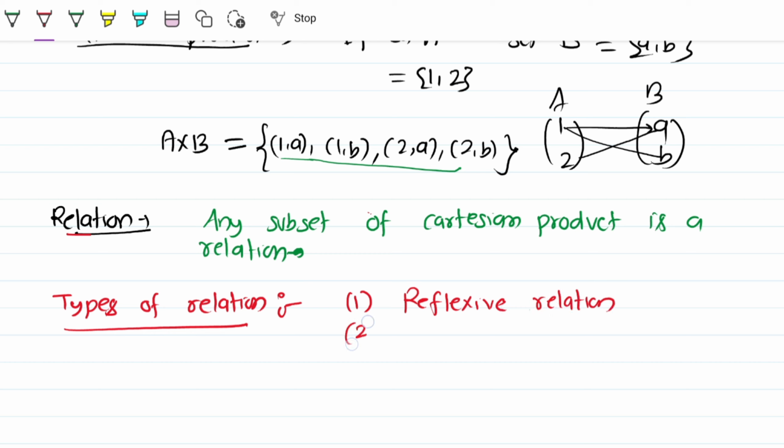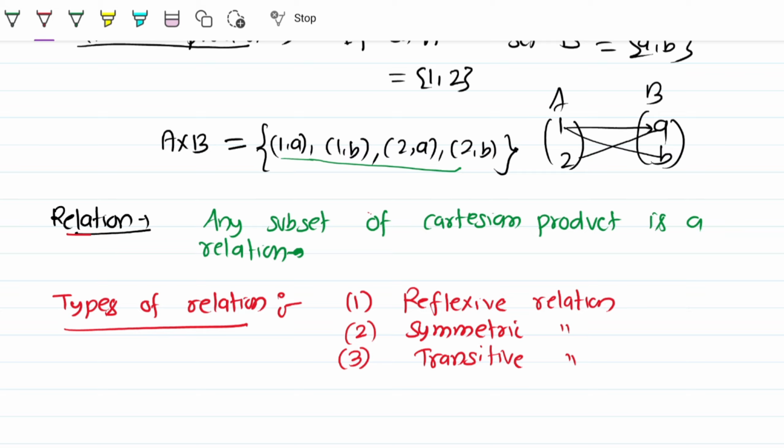Once it is done, then we will cover symmetric relation, and after that we will cover transitive relation. Three main types of relations we will cover. Then we will extend the class, and then I will let you know more detail about the chapter.